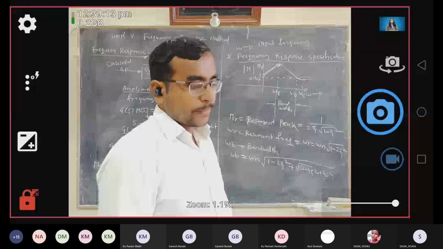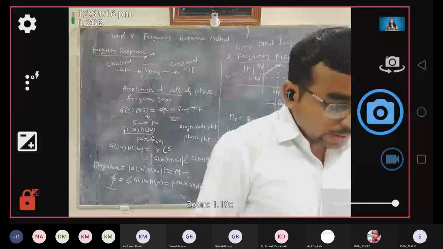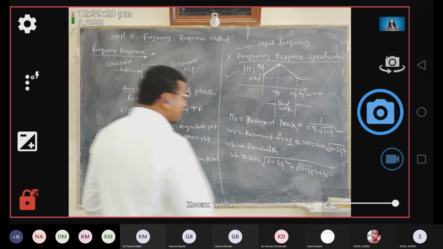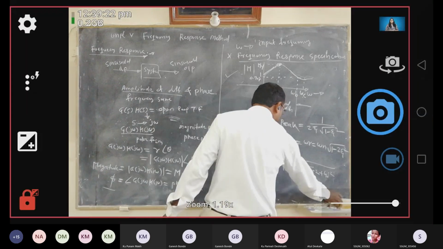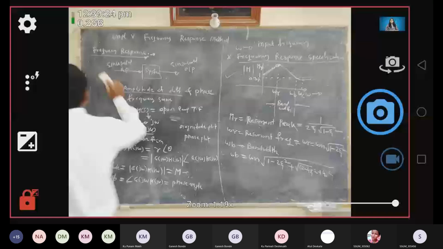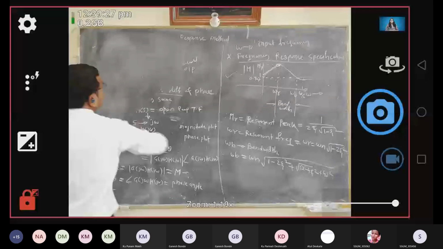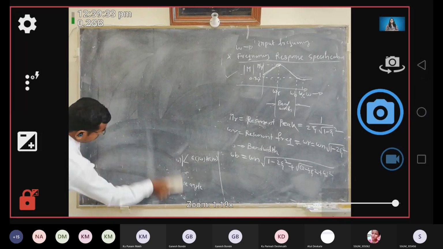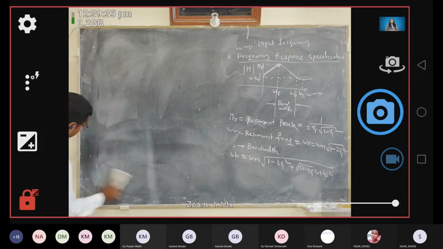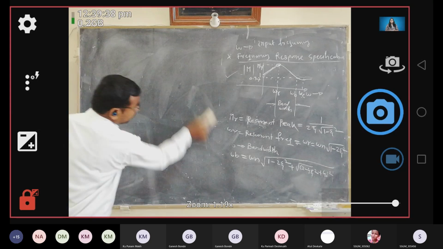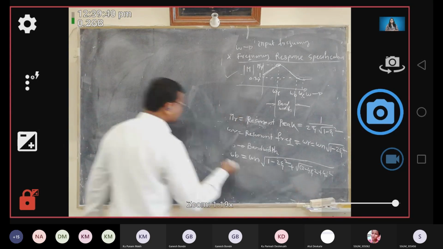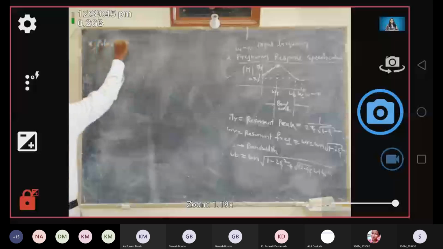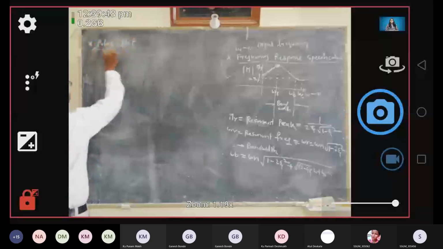Then we start with the next point, that is the polar plot. Please write the heading polar plot.